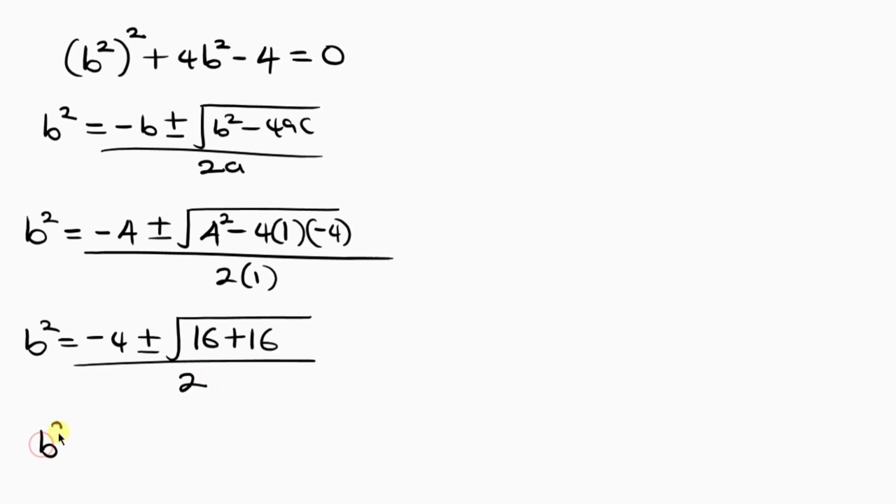So b squared will be equal to negative 4 plus or minus the square root of 16 plus 16, I'm going to have 32 all over 2. Now let's simplify this radical. So b squared will be equal to negative 4 plus or minus.